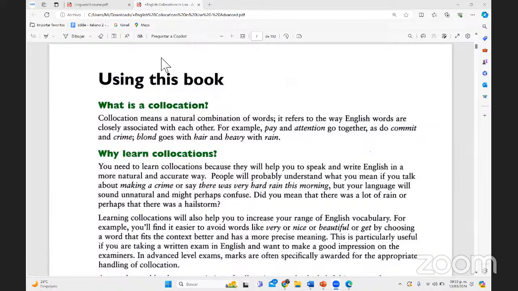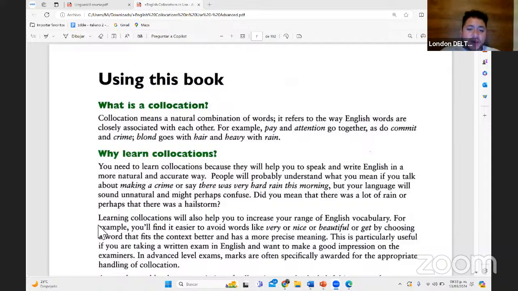But your language will sound unnatural and might perhaps confuse. Did you mean that there was a lot of rain, or perhaps that there was a hailstorm? Okay, very well. It also says, learning collocations will also help you to increase your range of English vocabulary.